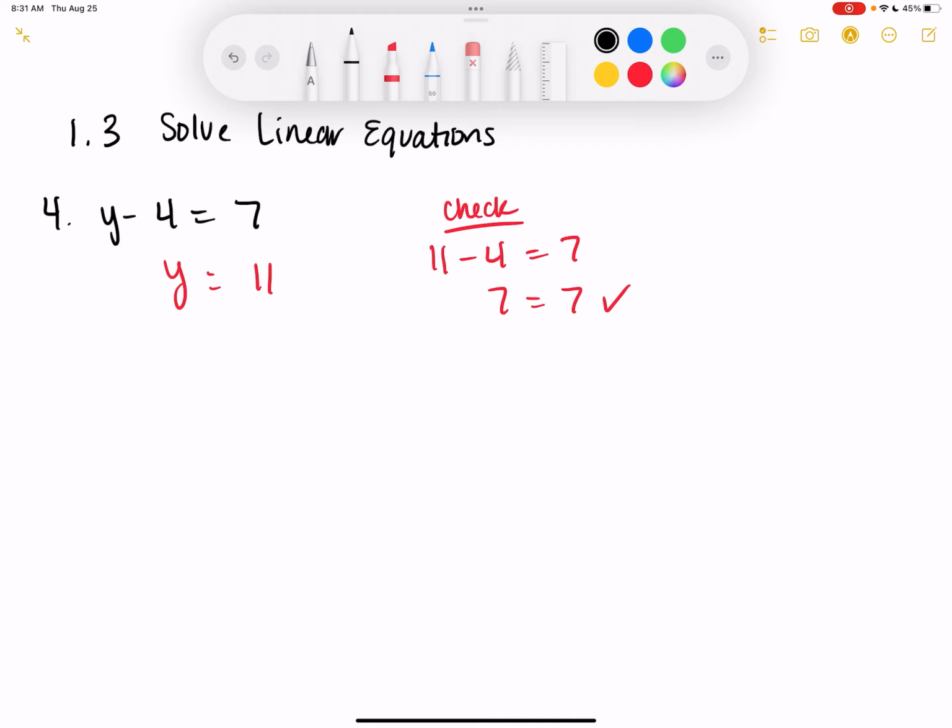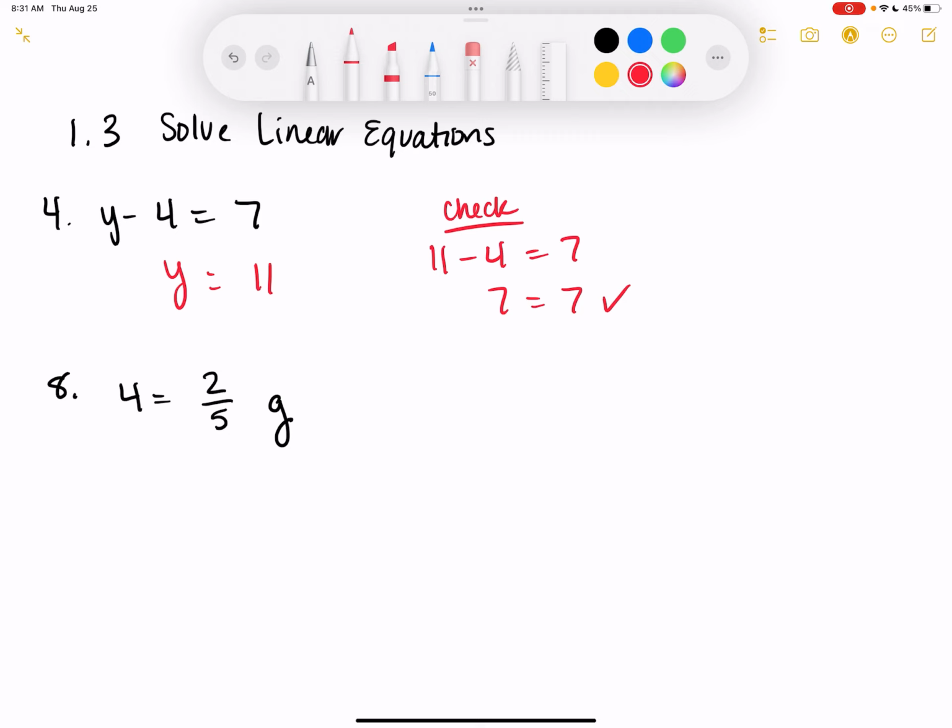So then, let's see, number 8. 4 equals 2/5 g. So how would I solve this one? Just yell it out. So here's what I'm doing. So I would multiply both sides by 5 and divide them both by 2. Okay, so you're going to multiply by 5 over 2.